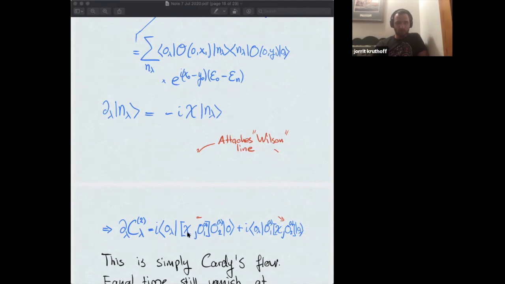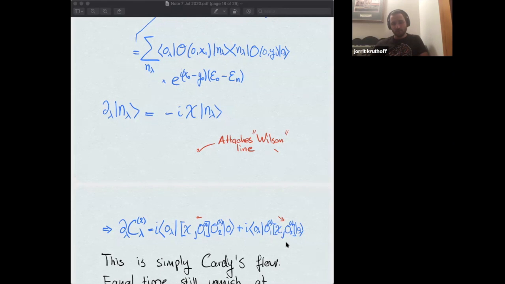There's a commutator with the first operator, O1, and there's a commutator with the second operator, O2. What this commutator is basically doing, how you can think about it, is attaching a Wilson line, quote unquote. It's not exactly the same as a Wilson line.